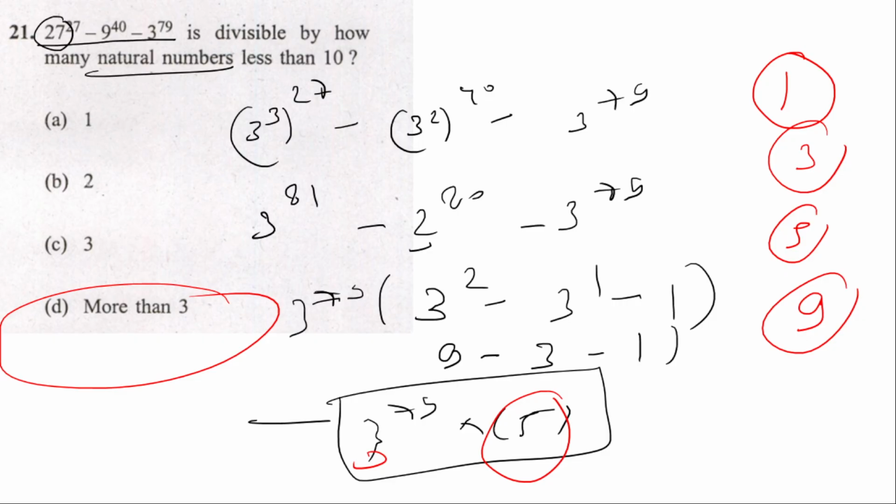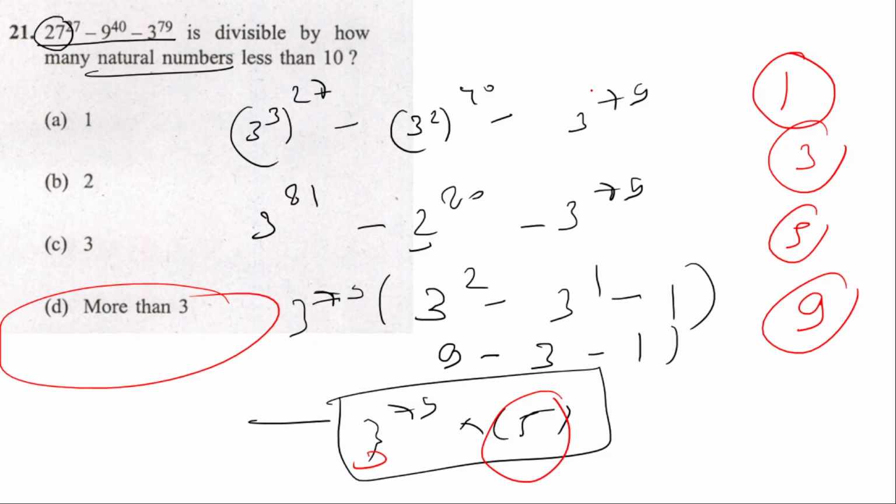When I was solving this question, I thought it could be divisible by 7, but it is not. If we observe the pattern, when any number gets multiplied by 5, you can see it is not going to be a multiple of 7.